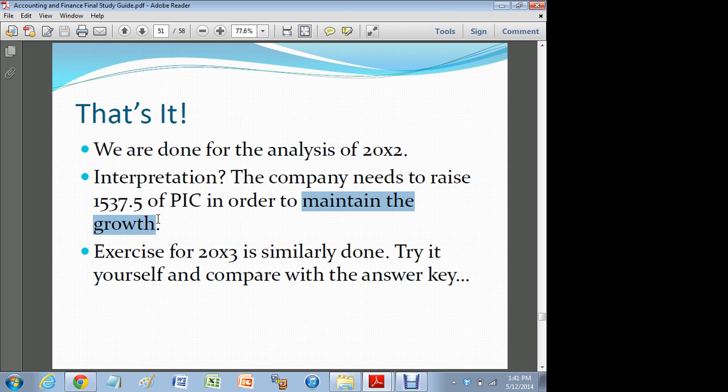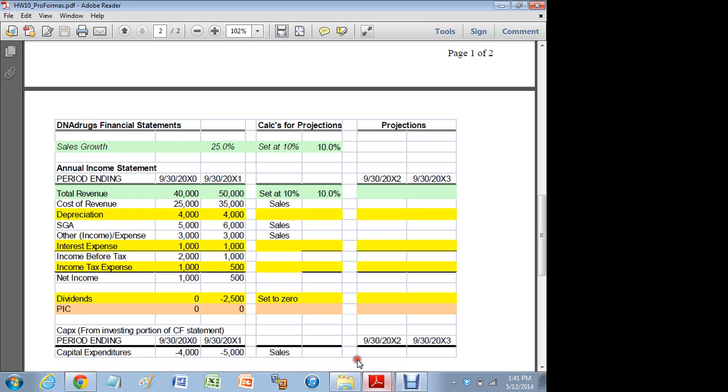So remember way earlier we said the sales growth is going to grow at 10%. Well, this needs to happen in order to make all the other assumptions we made hold true. So we would have finished this. You could do the same thing for the next period to figure out what the number would be.